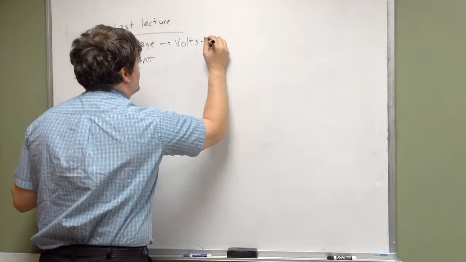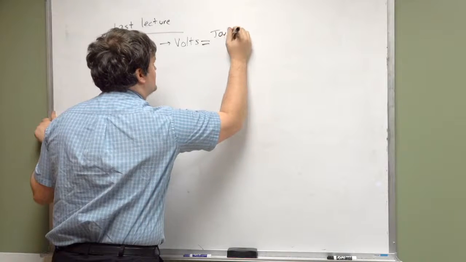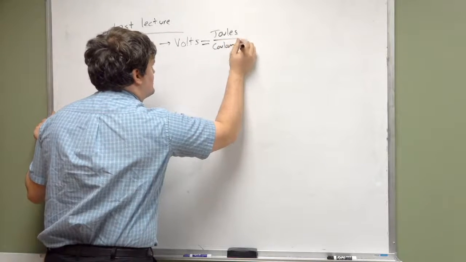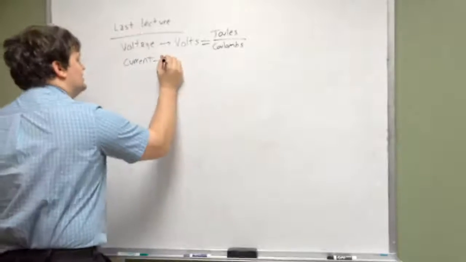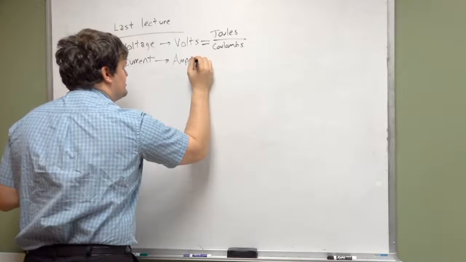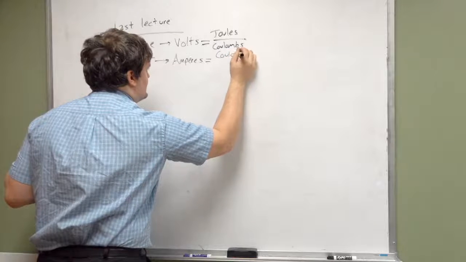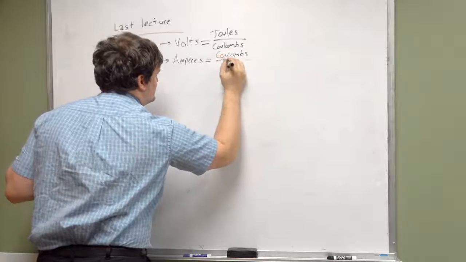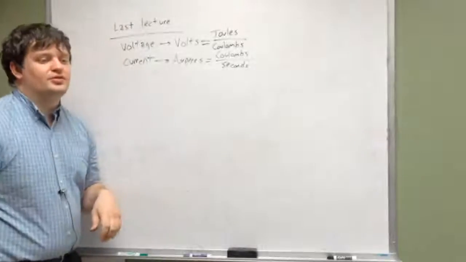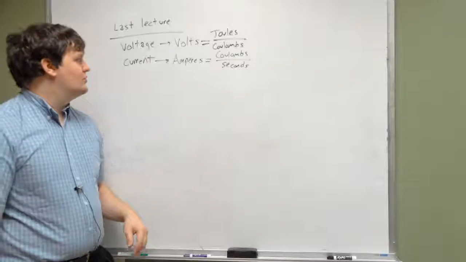A volt is equal to the amount of joules, which is energy, per the amount of coulombs, which is the number of electrons. Current, amperes, that is the unit of current, which is equal to the number of coulombs per the number of seconds.